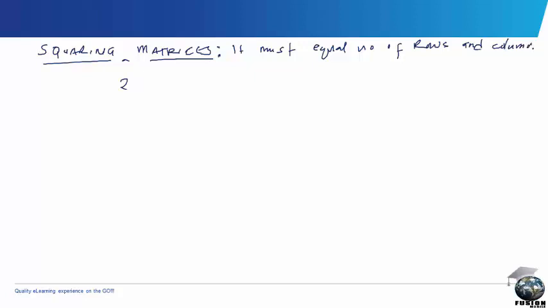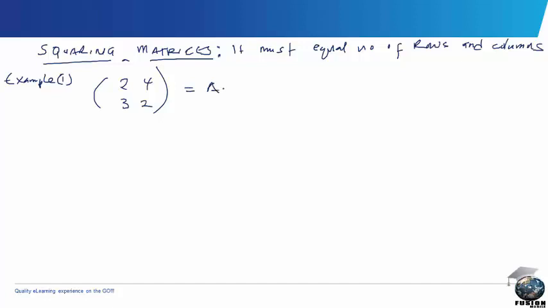For instance, we have the matrix 2 4 and 3 2. Does it have an equal number of rows and columns? Yes, because we have 2 rows and 2 columns too, and so we can square this matrix.